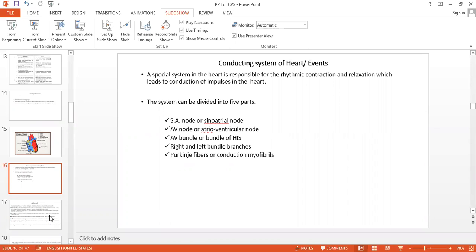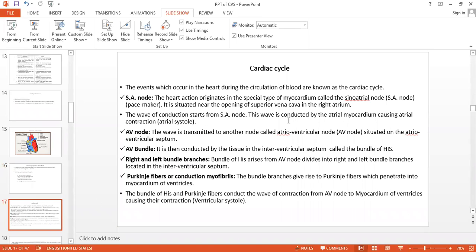Okay, so we will see here the cardiac cycle, how it originates, how it runs, how it works. The events which occur in the heart during the circulation of the blood, it is called as cardiac cycle. It is known as the events, that is the action potential.